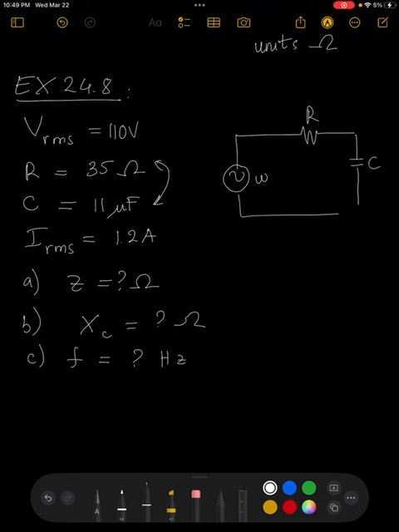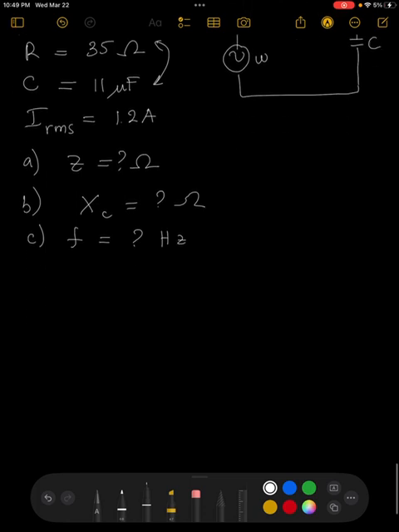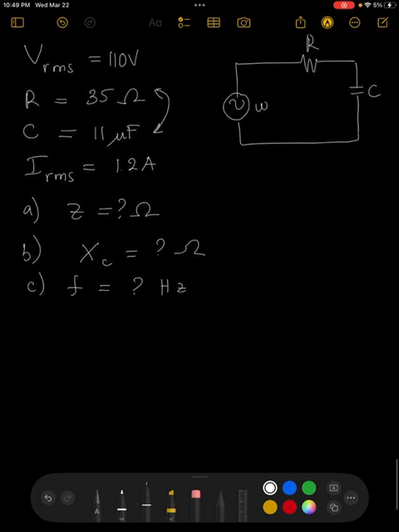For part A, to find the impedance in general, we use the same formula, Ohm's law: V equals IR. But knowing that this is an RC circuit, the impedance is not only coming from the resistor itself, but also from the capacitor.